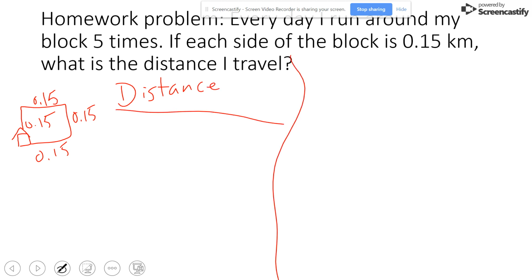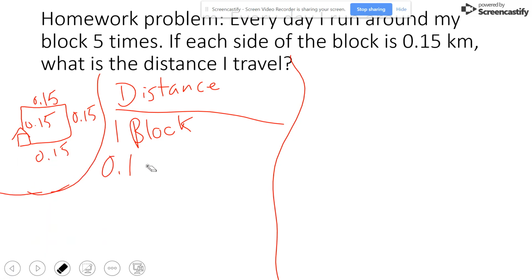So as we're looking at this, to figure out for one block, we're going to take 0.15 and times it by 4 because we have 4 sides of our block. And what that gets us is 0.6 kilometers.